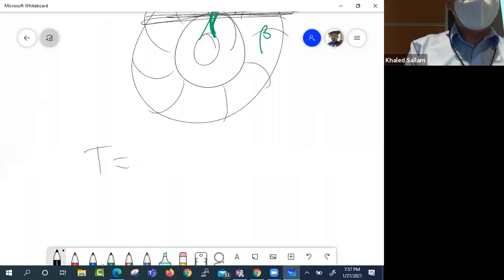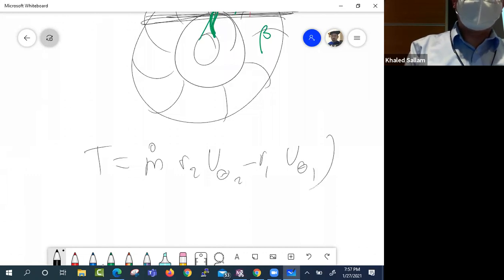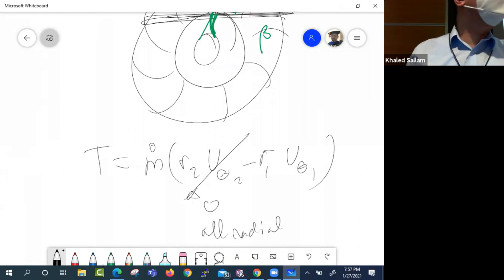And you get the torque: M dot times R2 V theta 2 minus R1 V theta 1. V theta 2 will be 0 if the flow is all radial at the exit, and you get all of R1 V theta 1. That's what you will harvest. Make sense? Okay, very good.